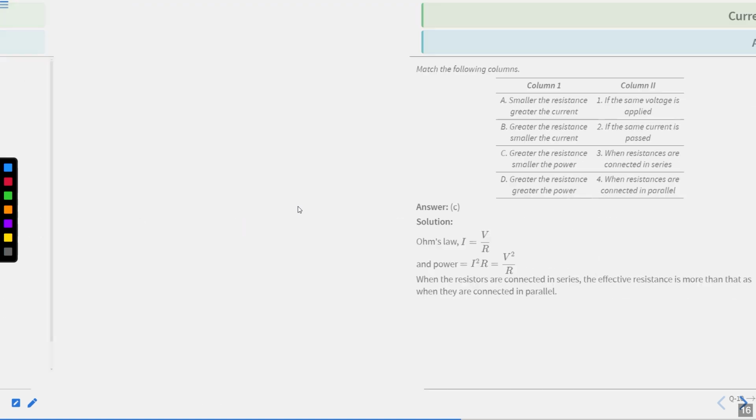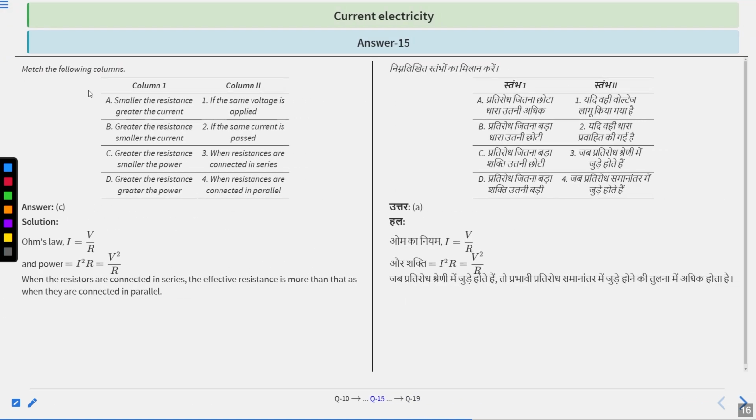Let's find a solution. Based on column first and column second, the correct answer is C. As we know Ohm's law, I equals V divided by R, where V is the voltage and R is the resistance. And power is equal to I squared R, which is equal to V squared divided by R. When the resistors are connected in series, the effective resistance is more than when they are connected in parallel.